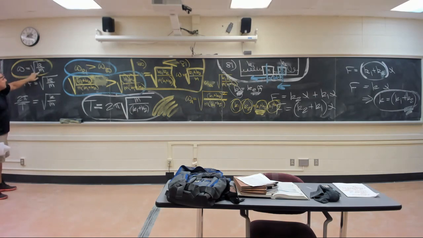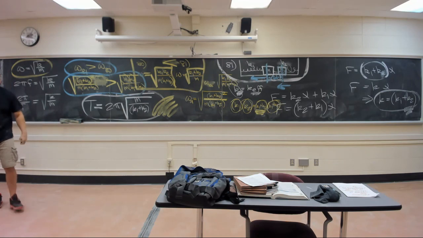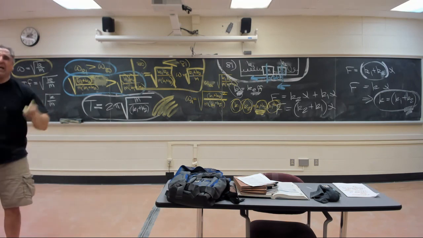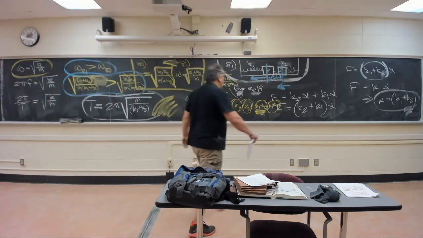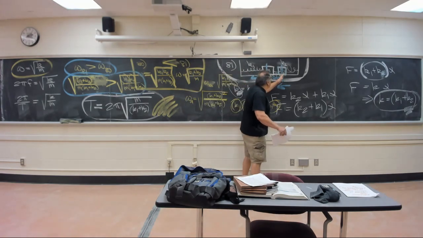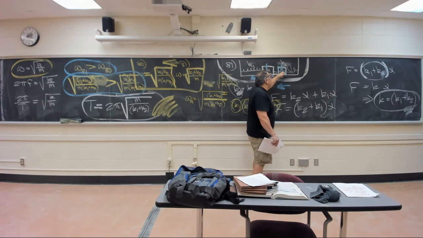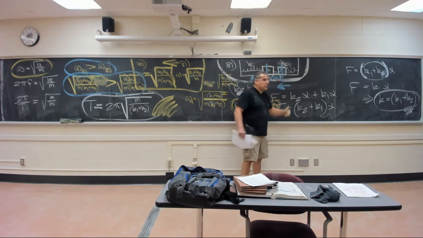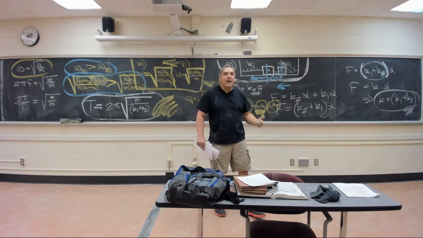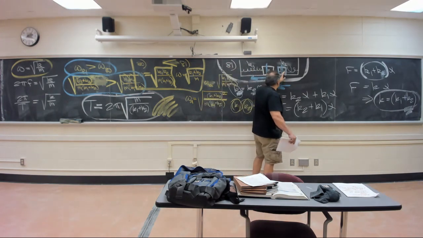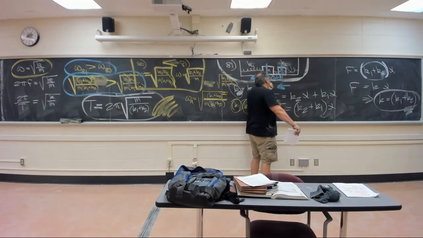well, here we go. If the mass stays the same, but K gets bigger, then the square root of K over M is a bigger number. The effective K is bigger because there's teamwork here. This guy, having been stretched to the right, is pulling him right back to the left.